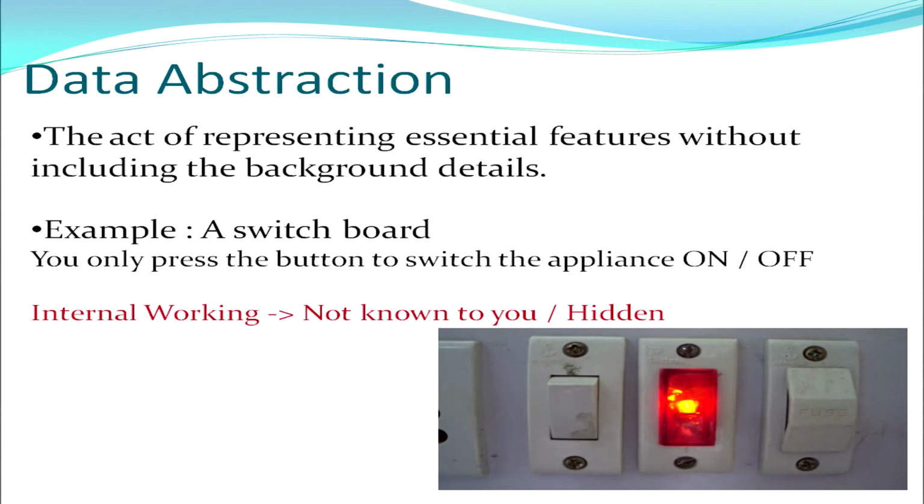If I want to switch on a particular appliance, I just press the button to switch on or to switch off. How does that work? How does switching on a fan make it start rotating or the tube light get on? That is not known to us, that is hidden from us. What is known is just this switchboard. By pressing down, it is switching on the fan, by pressing up, it is switching off the fan.